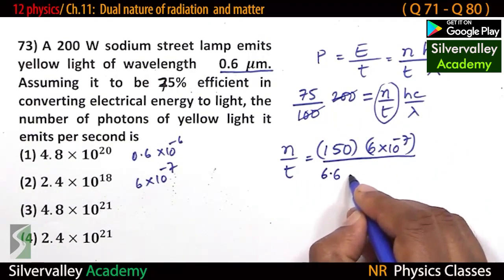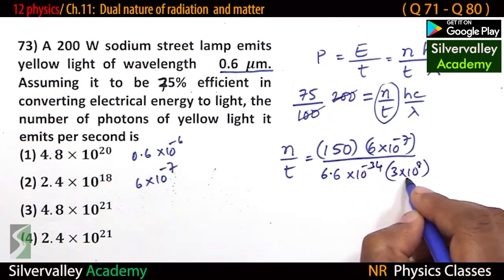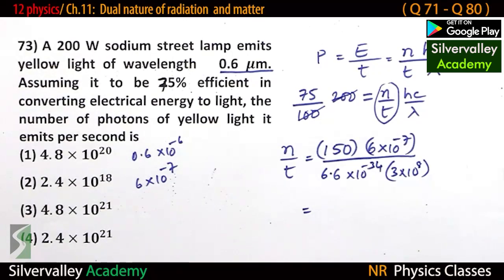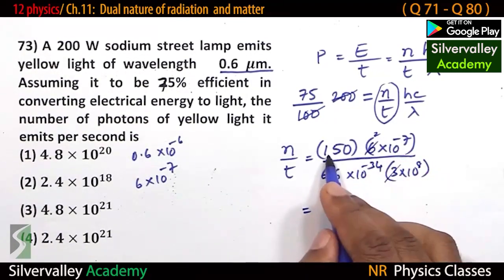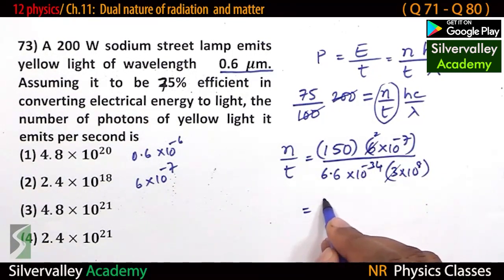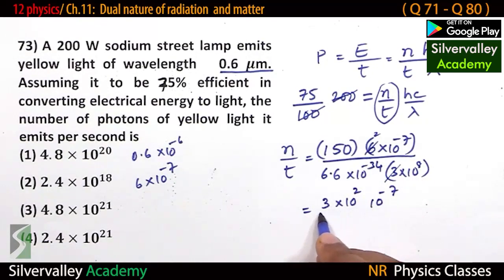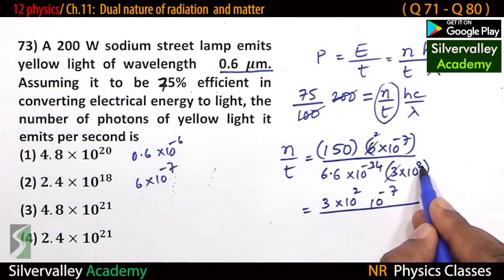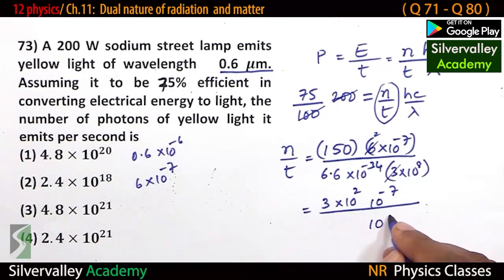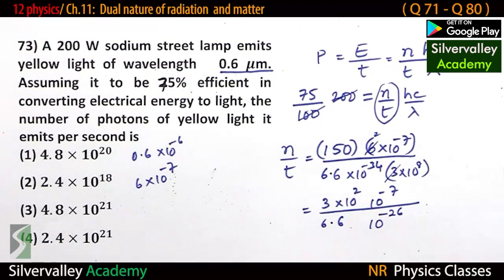h is 6.6 × 10^-34, c is 3 × 10^8 meter per second. So the numerator is 300 × 10^-7 by 6.6 × 10^-34 × 10^8, which is 10^-26.